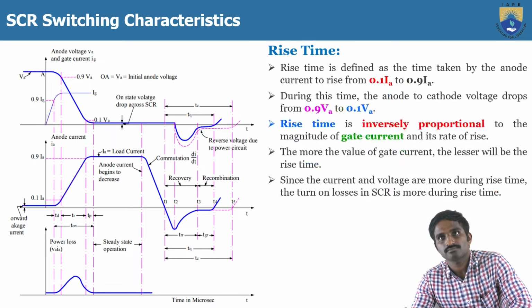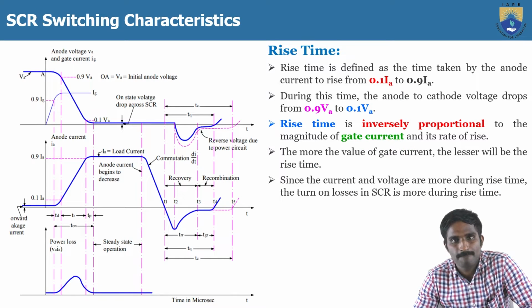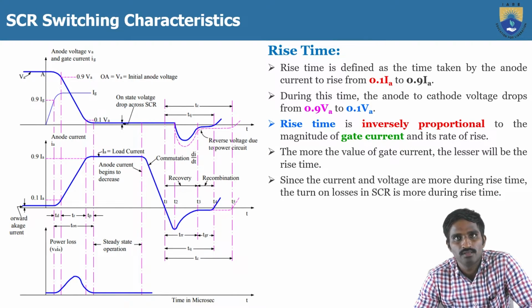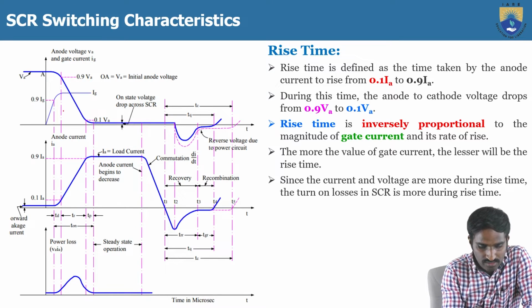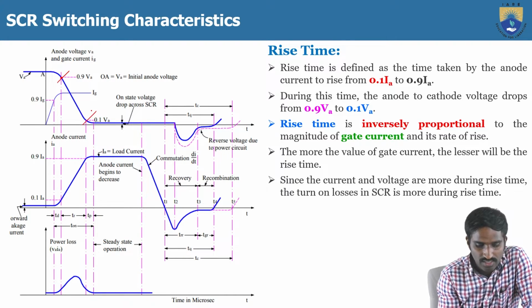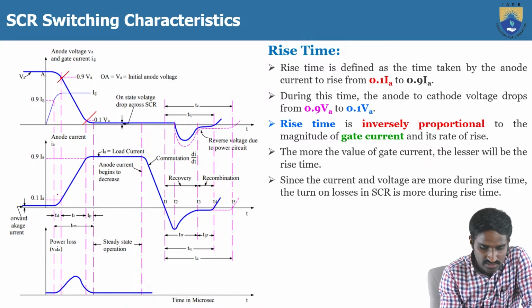Then next, rise time. As I have indicated, with respect to VA the rise time is this region from 0.9, and with respect to Ia it is in this region.